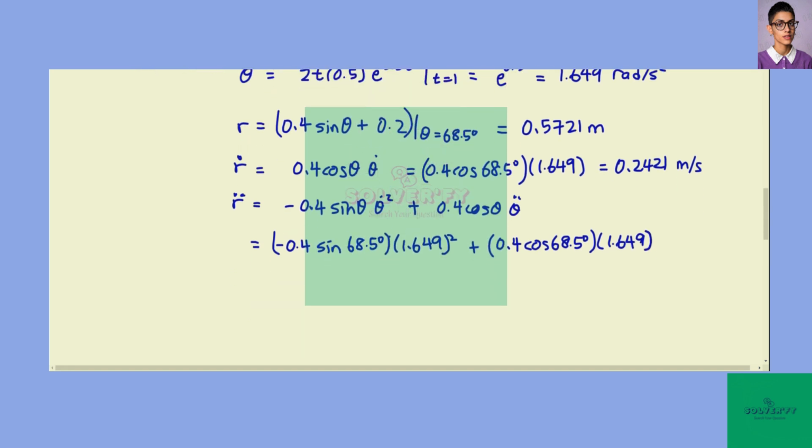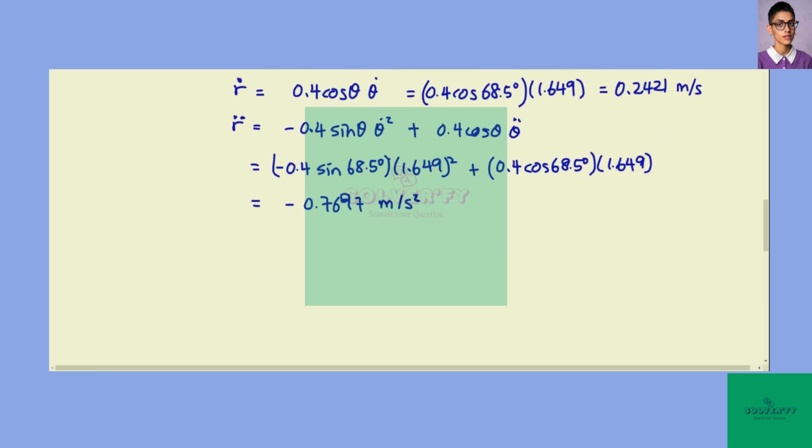Calculate this, you get negative 0.7697 meters per second square.